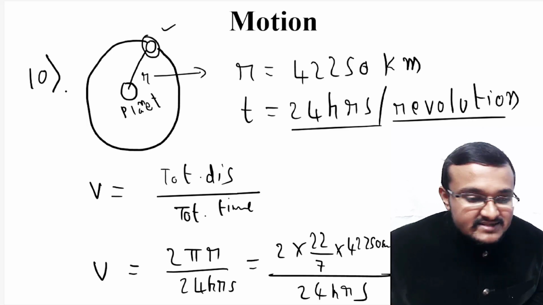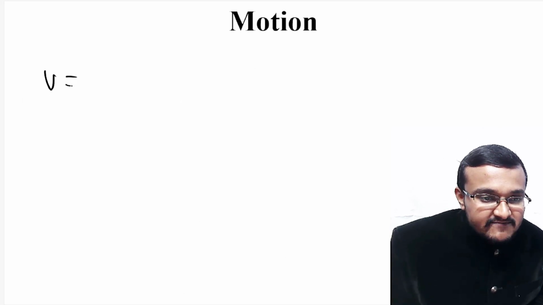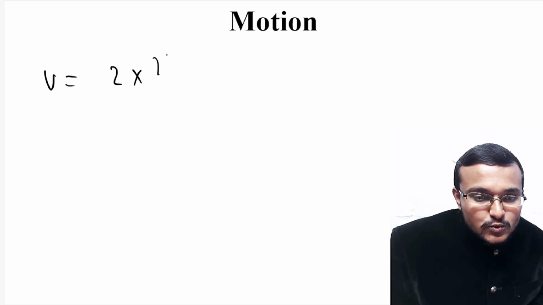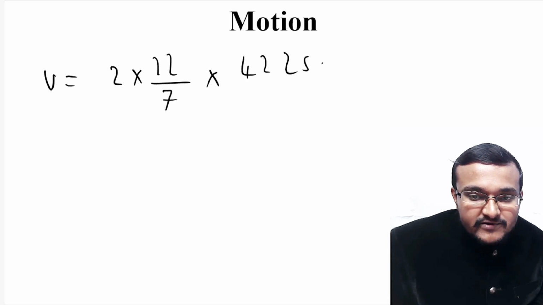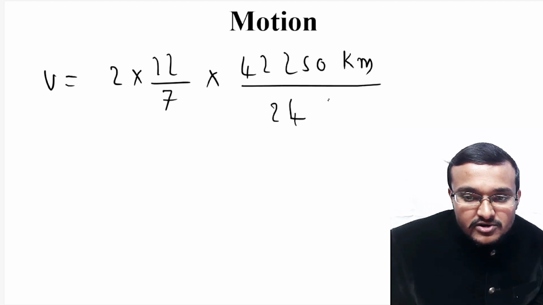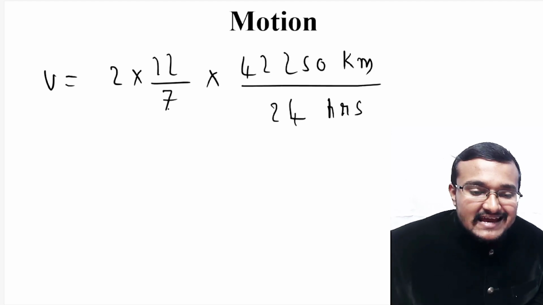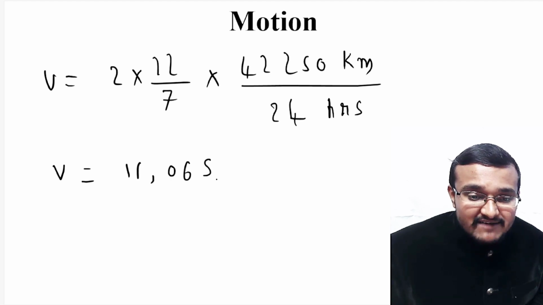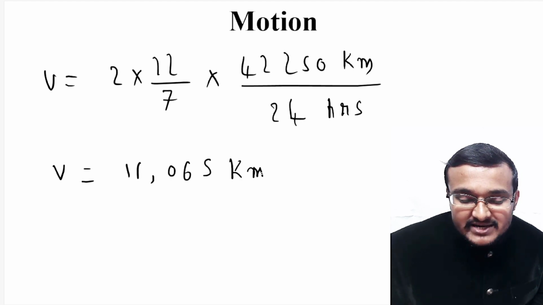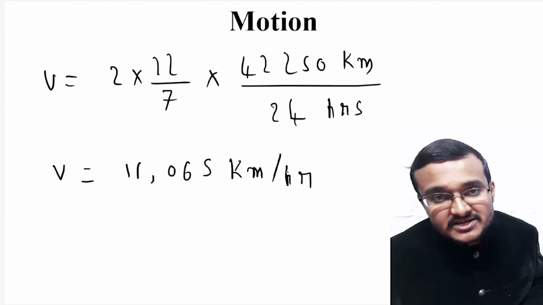I'll write this in a new slide. So velocity V is equal to 2 into 22 by 7 into 42,250 kilometer divided by 24 hours. Now you can calculate this. When you calculate this, you will get 11,065 kilometer per hour as the velocity of this satellite.